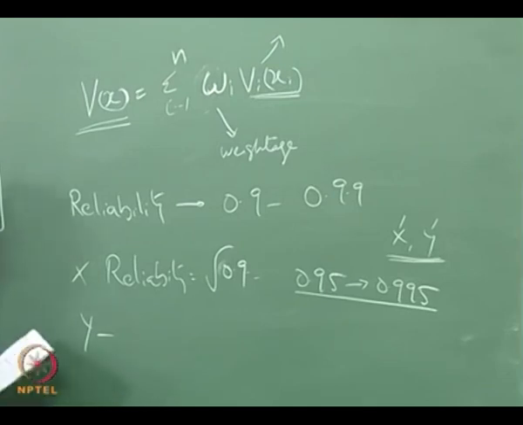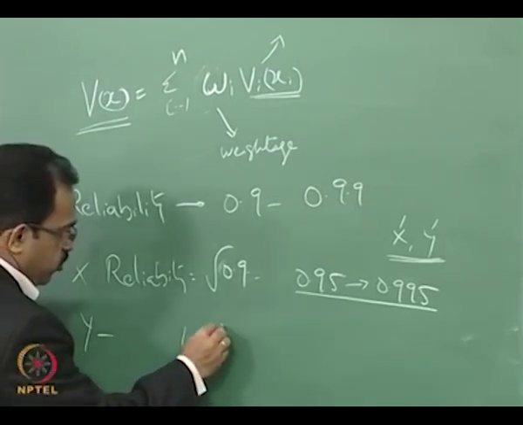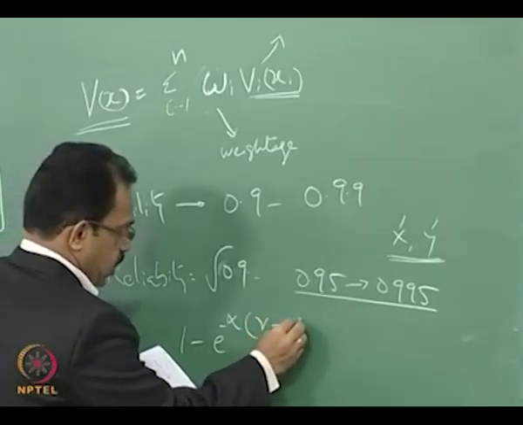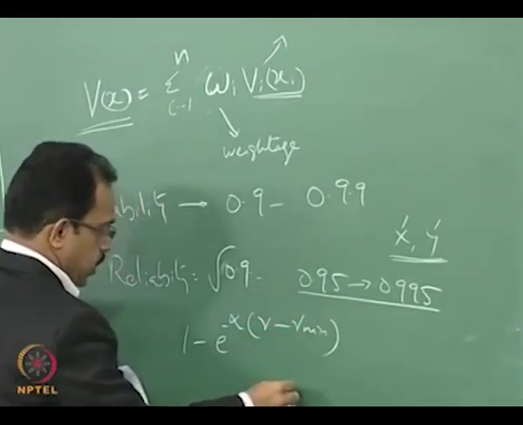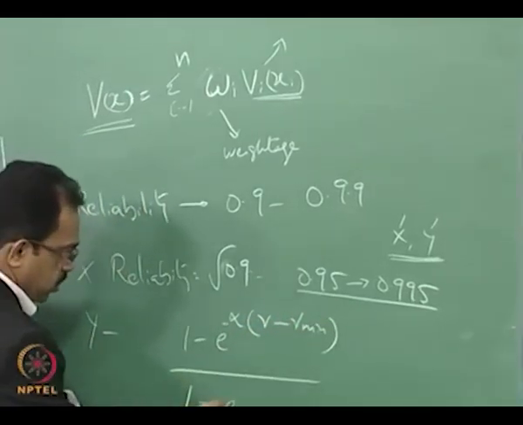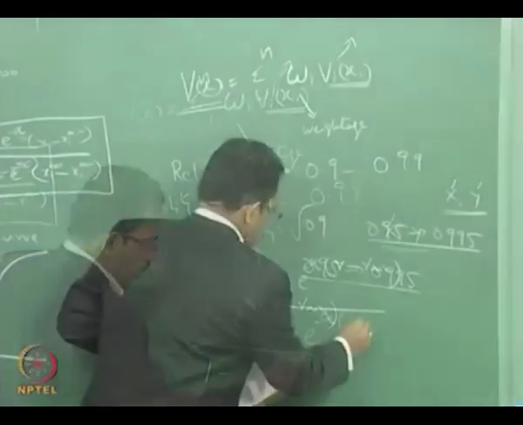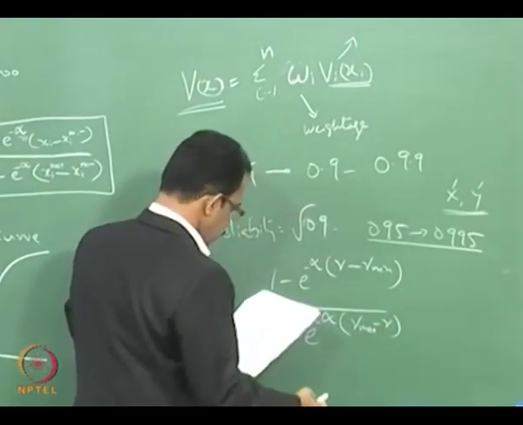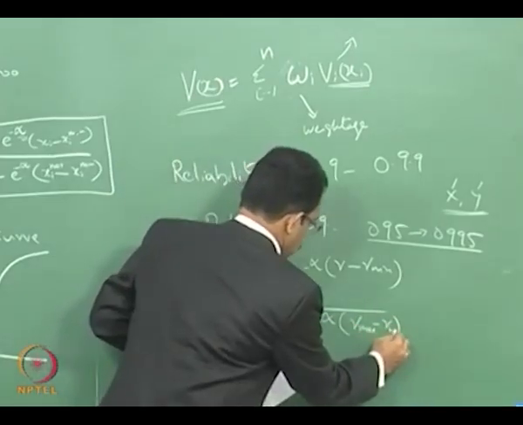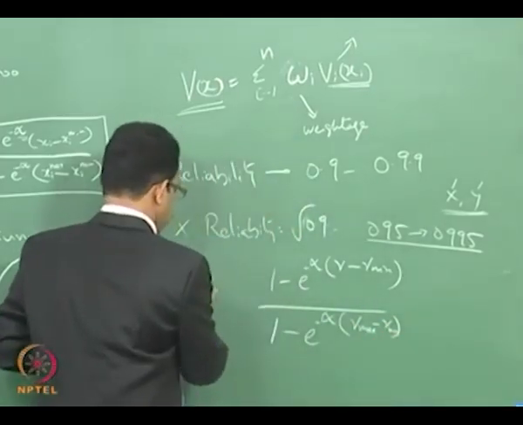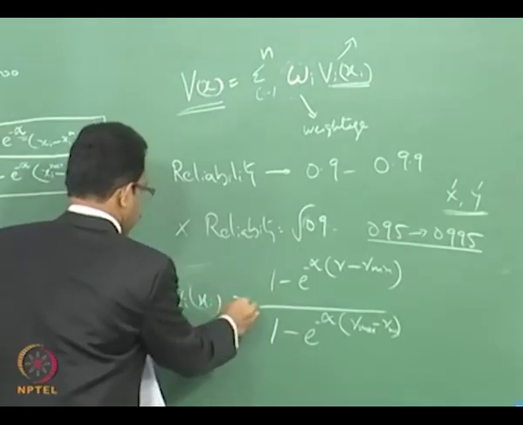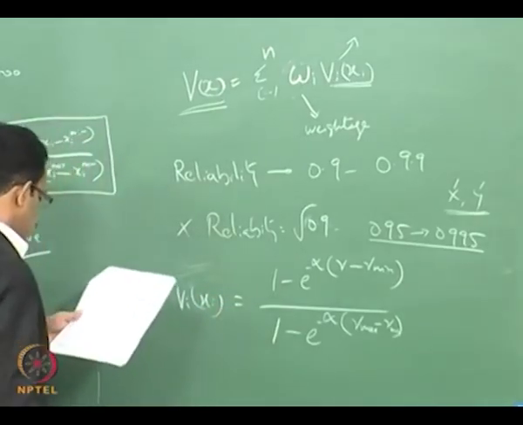Then we can define a function: 1 minus e to the power of minus alpha times reliability minus the minimum reliability, divided by 1 minus e to the power of minus alpha times r max minus r min. So this function can be defined for the reliability of x, and we can plot the reliability under different situations.